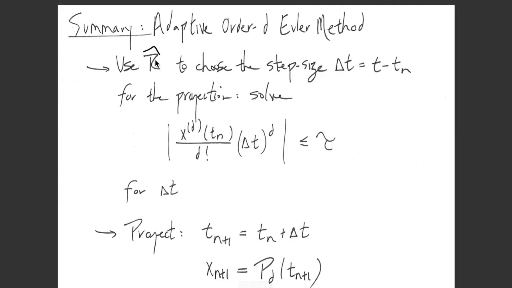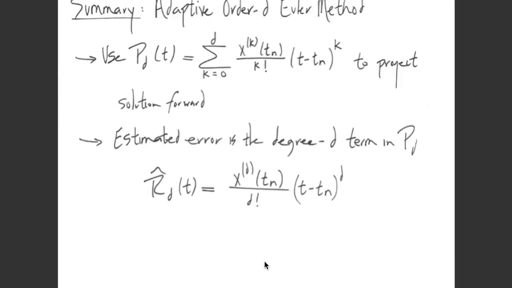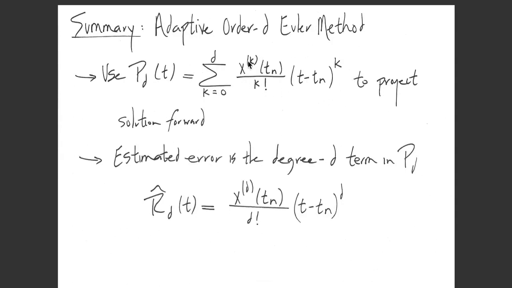You use that estimated error to choose a step size that stays within your error tolerance, and then for that delta t, you project forward using the polynomial. And notice the way I've got things set up here, this automatically includes that estimated error term, because that estimated error term is already added in here as the last term.